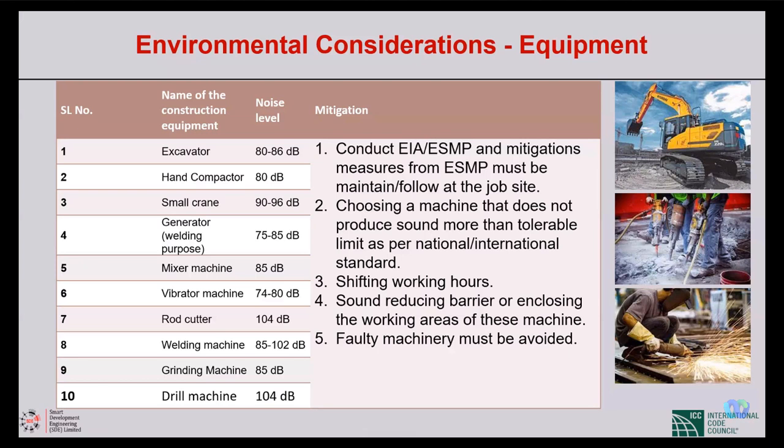Then choose machines that do not produce sound more than tolerable limits as per national and international standards. You will find lots of new machines coming into the market that promise to produce less sound than the standard levels for human comfort. And there is one more way.